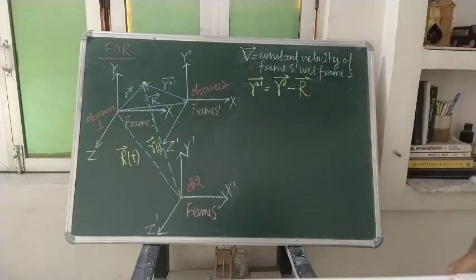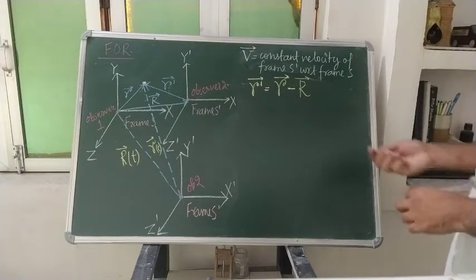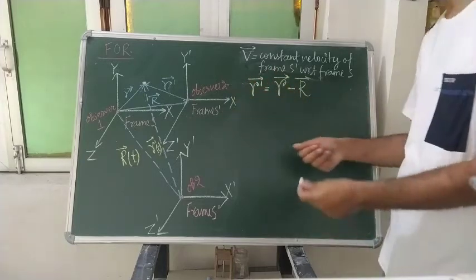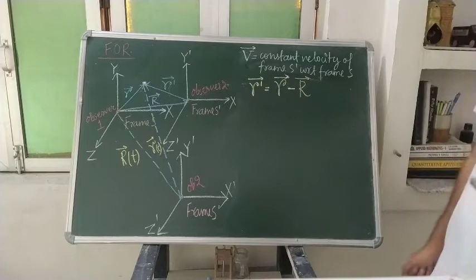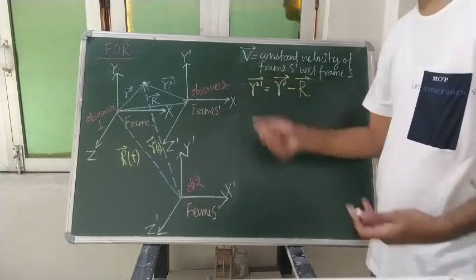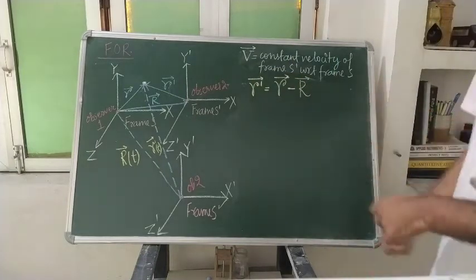So this is the position of the object from frame S and from frame S prime. What will be the velocity of the object from frame S and from frame S prime?